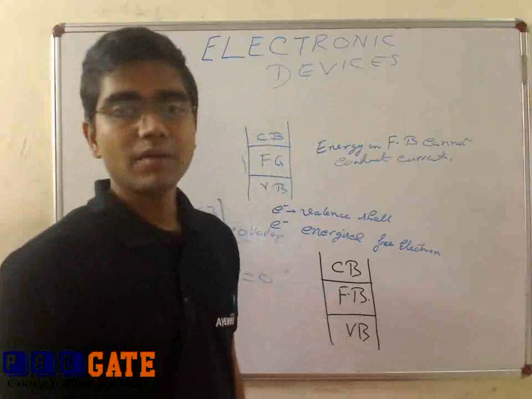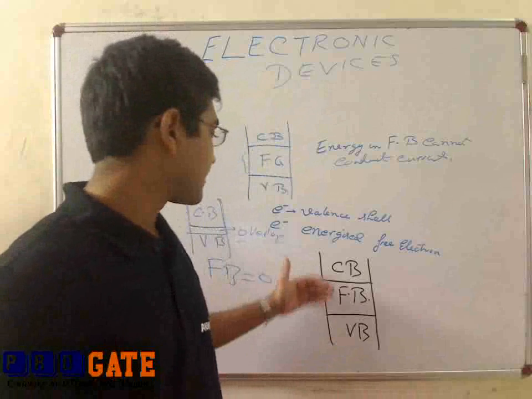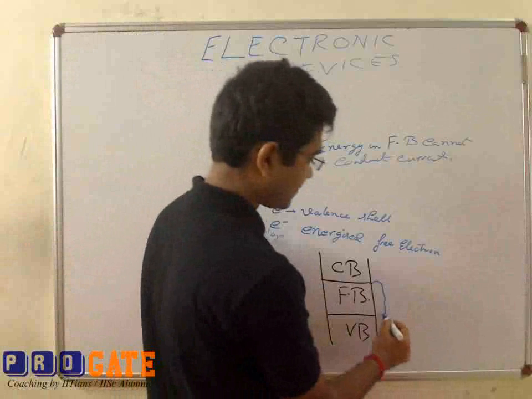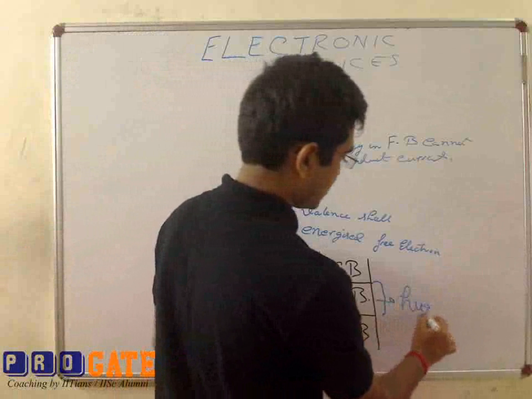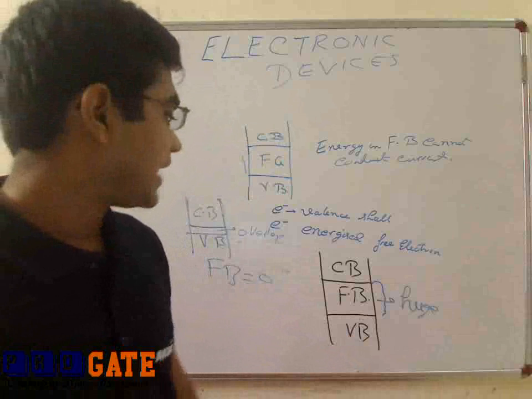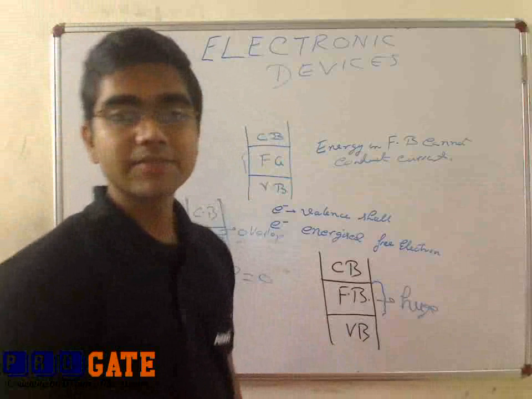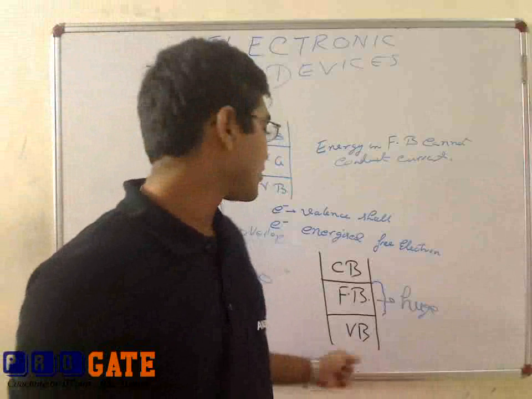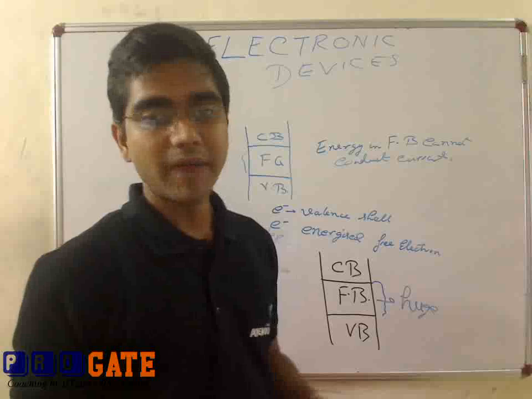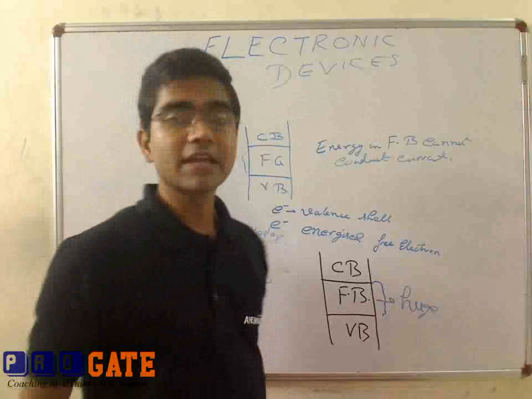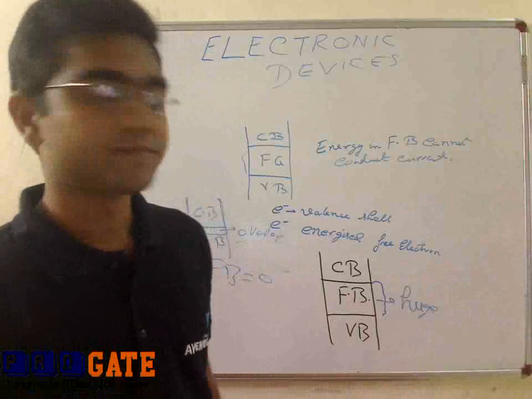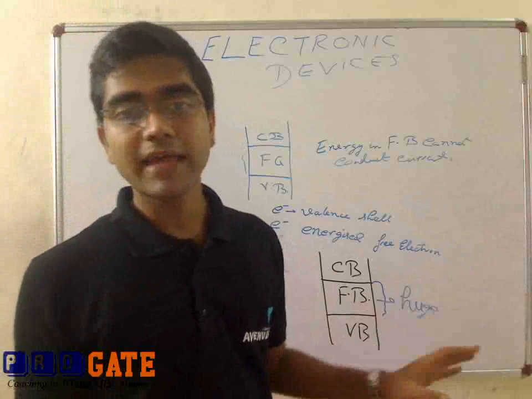But this forbidden gap is so huge and so big that if an electron lying in the valence band is energized, it cannot jump into the conduction band. And unless it can jump into the conduction band, crossing the forbidden gap, it cannot conduct. So in case of insulators, this forbidden gap is very large, and thereby insulators are not able to conduct.